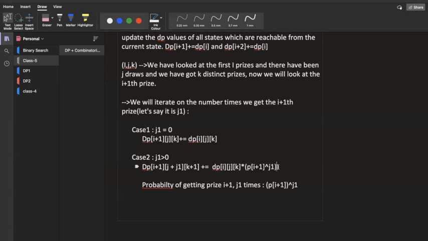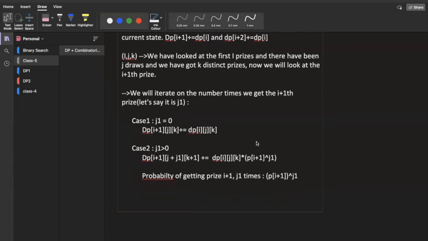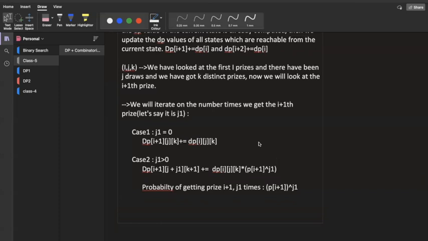But there is one problem with this transition. There is one thing which is missing here. So we have just considered the probability that we get this I plus 1th prize j1 times. But we haven't considered which j1 draws should give the I plus 1th prize.